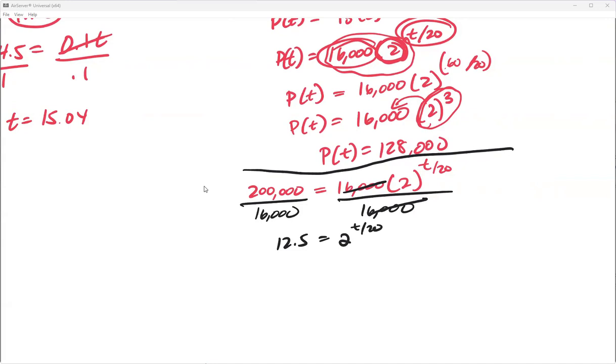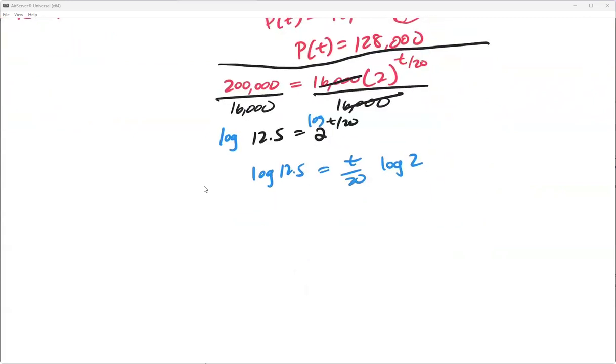Then what do we do? Log both sides. The log of 12.5 is equal to t over 20 times log 2. Divide both sides by log 2. So log 12.5 divided by log 2 is equal to 3.643.